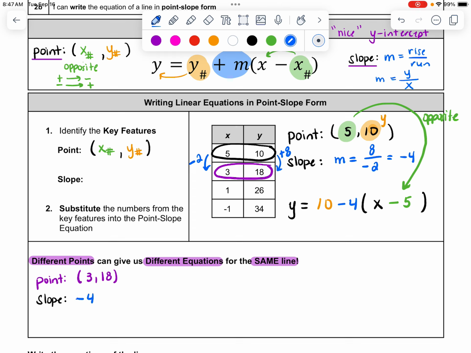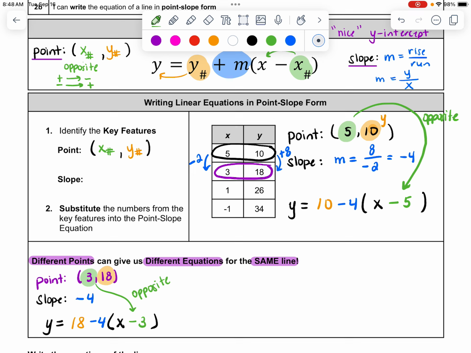So I know that my slope would be -4, which means that my equation would look like this. y = my y value, which is 18, and then my slope number, which is -4, and then (x, and then I would fill in my x number. The only tricky thing is that my x number needs to be the opposite of the number that I wrote down. So if it's a +3, I would fill in a -3.